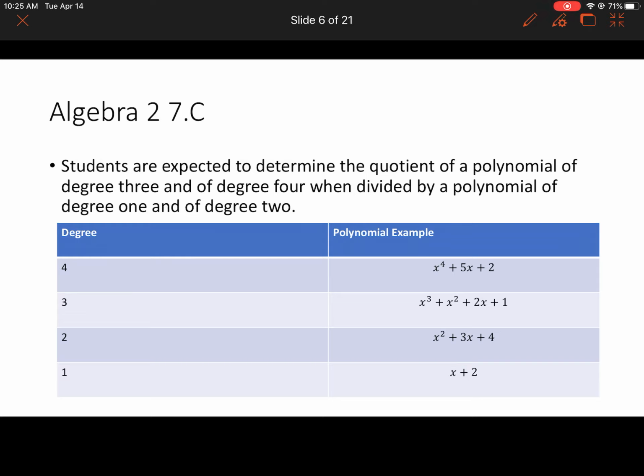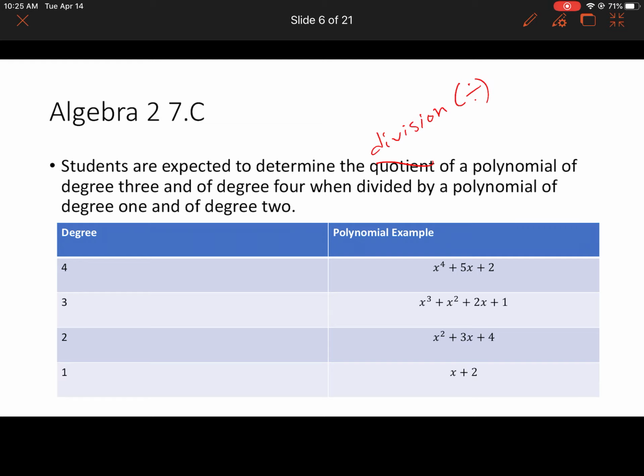Okay, so we're going to be talking about algebra, the TEKS for Algebra 2, 7C. Basically, students are expected to determine the quotient, that just means the division, of a polynomial of degree 3 and of degree 4 whenever divided by a polynomial of degree 1 and of degree 2.